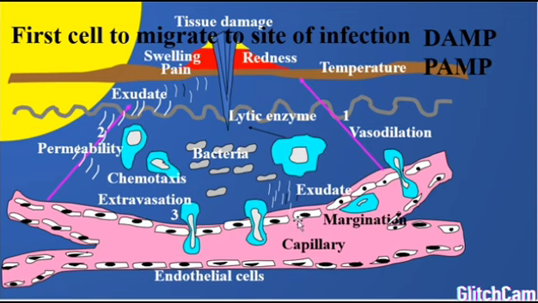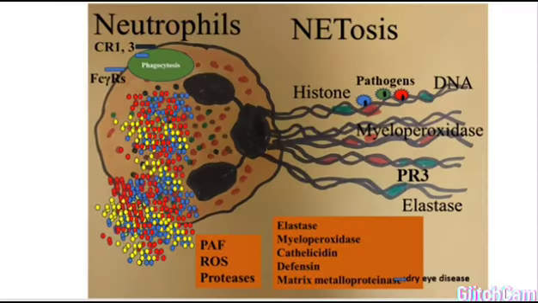This is followed by rolling from one endothelial cell to the other, then followed by extravasation, the third step of their migration to the site of infection, where they reach and start to fight the microorganism. However, neutrophils have the capacity to destroy and kill pathogens in three ways.